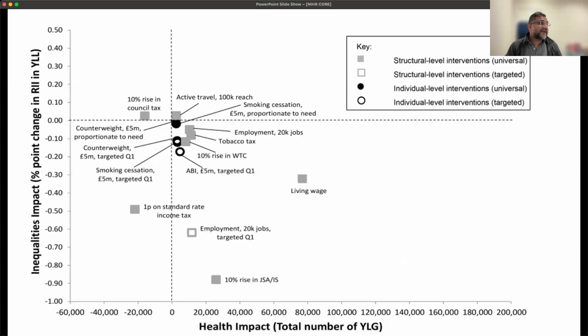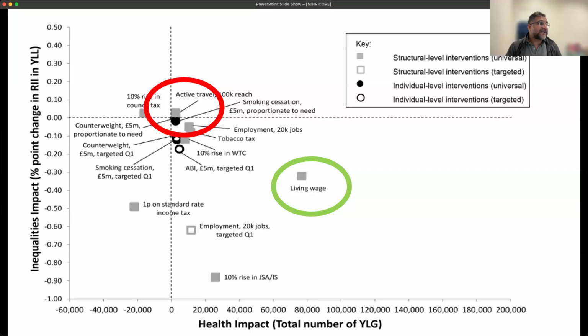This is another example I've shown earlier, but which is really intriguing and interesting, how simulation modeling can help people make decisions, which is, again, what you see here. On your x-axis is your health impact. On your y-axis is change in inequality. You've got interventions which give you nothing in terms of public health gains and actually increase inequalities.